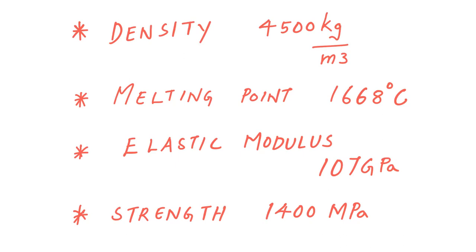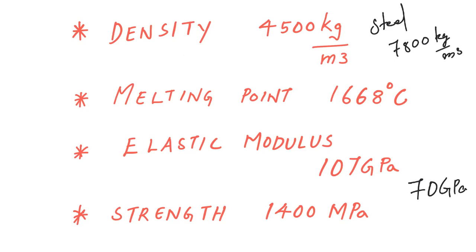Moreover, the elastic modulus of titanium is not too bad. It is around 107 GPa. Again, comparing to aluminum, Young's modulus is just around 70 GPa. I think it's better I put all these values. For aluminum, it is just 70 GPa. Here, the density of steel was around 7800 kilogram per meter cube.